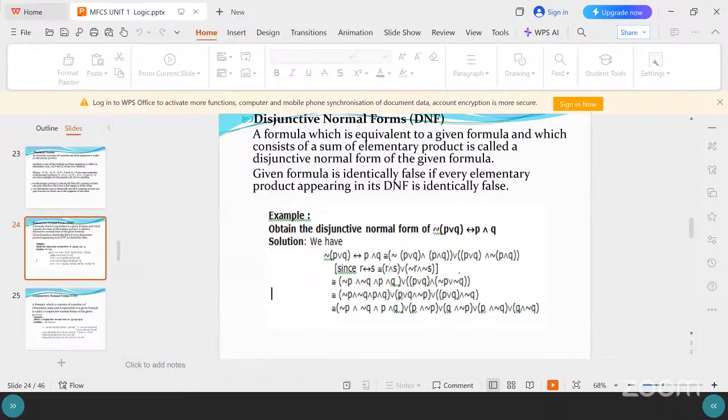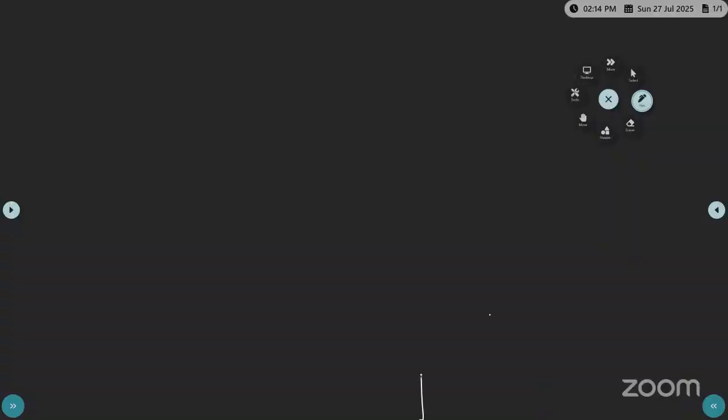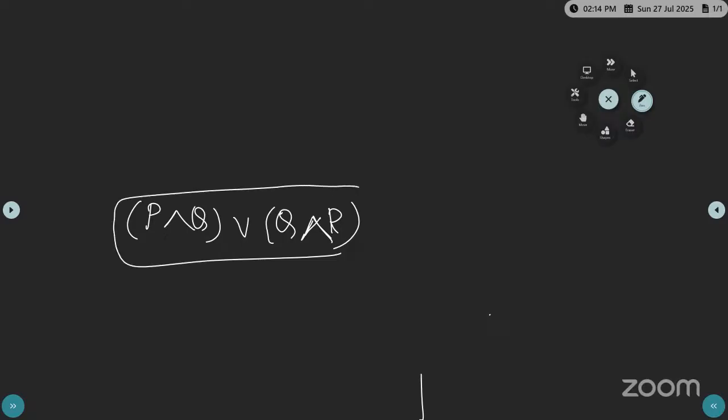So you should understand that if you get a sum of elementary products in this form, then it is called DNF. For example, it should be like this: P and Q or Q and R. If it is like this, it is called disjunctive normal form.